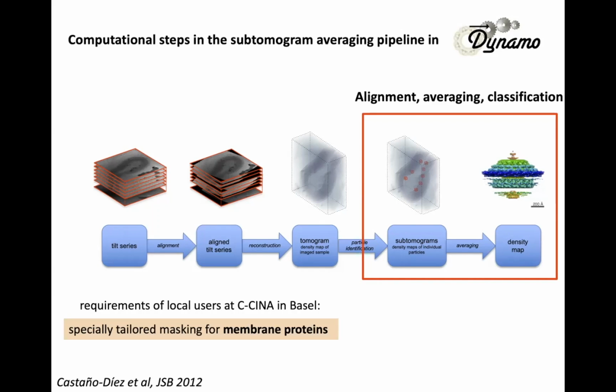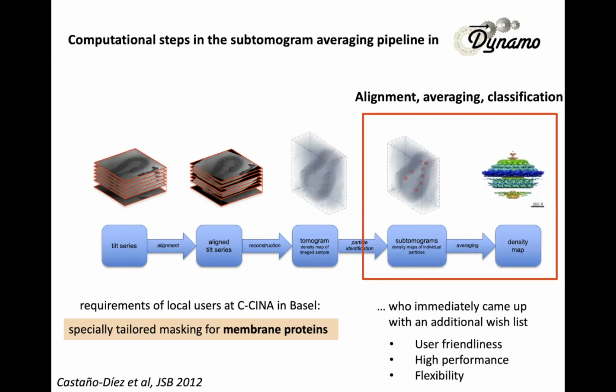This module was written in Basel just for the special requirements of people in my lab or in the lab of Henning Stahlberg, who found that the typical STA pipeline for membrane proteins was not working well with our sample. So in principle we started small with this system. And immediately the users in my own lab started to ask for, well, your code is not bad, but I would need it more user-friendly, I need it faster, I need it more flexible.